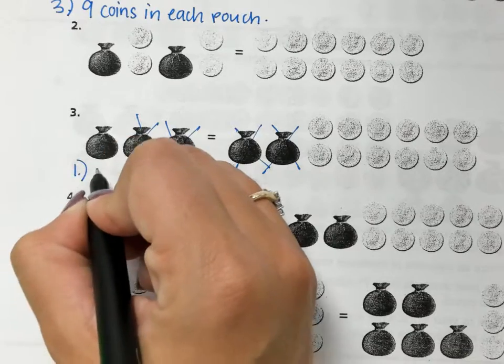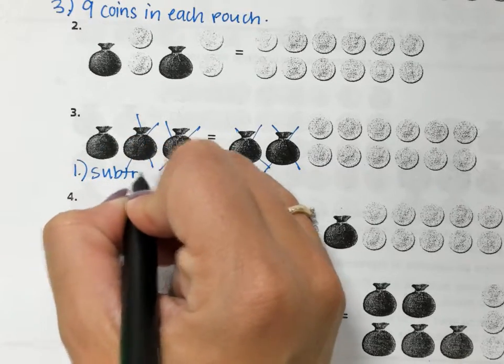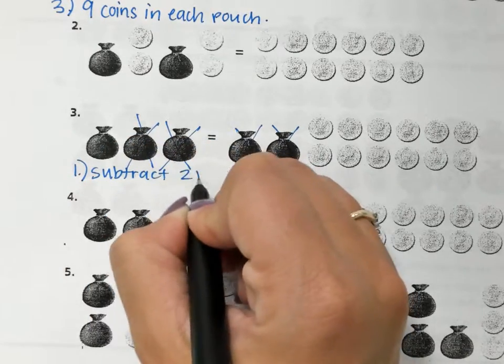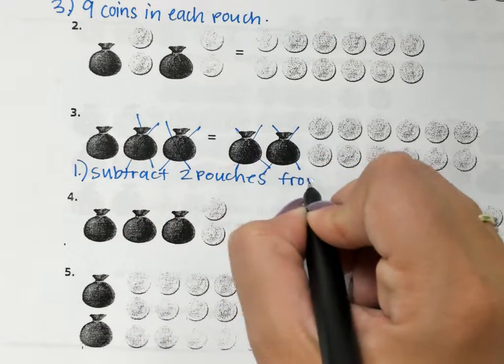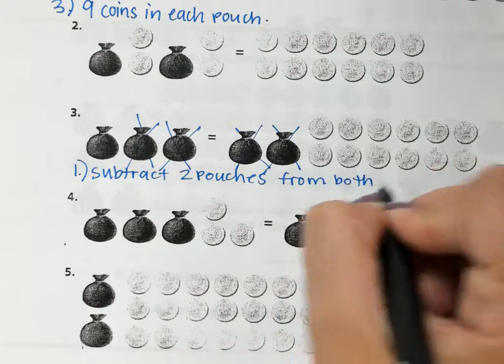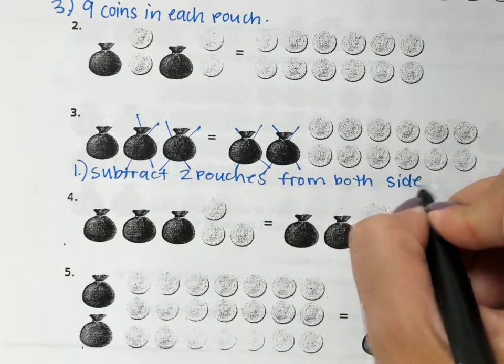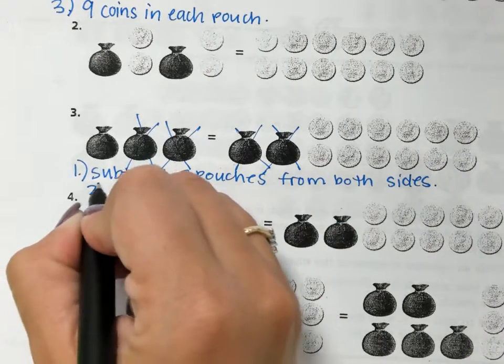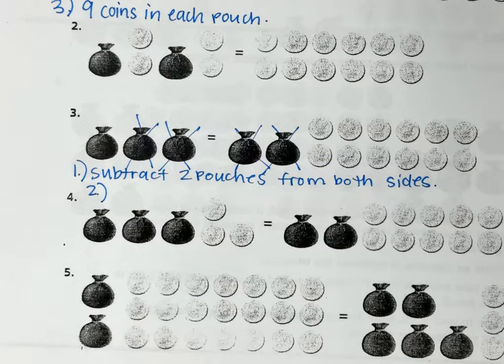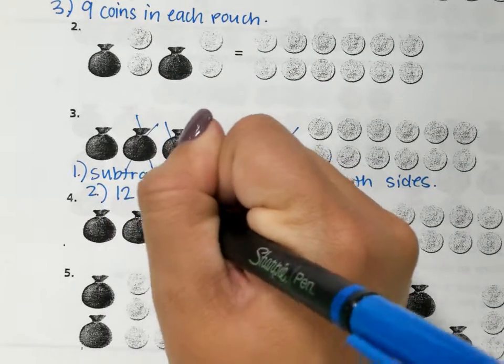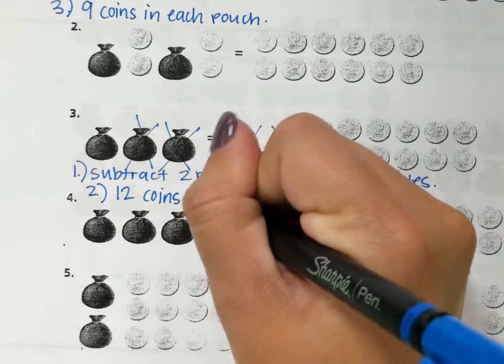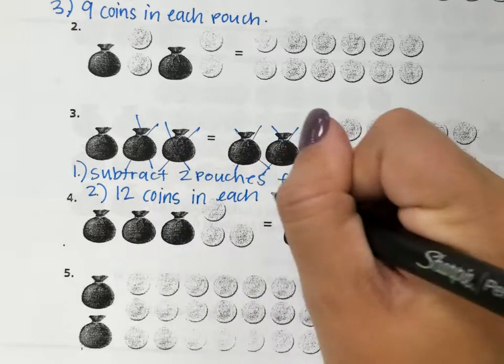So my first step was to subtract 2 pouches from both sides. And then that left me with 12 coins in each pouch.